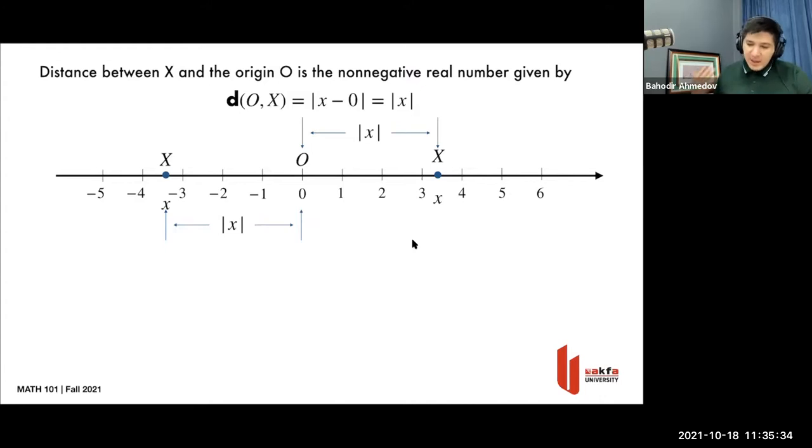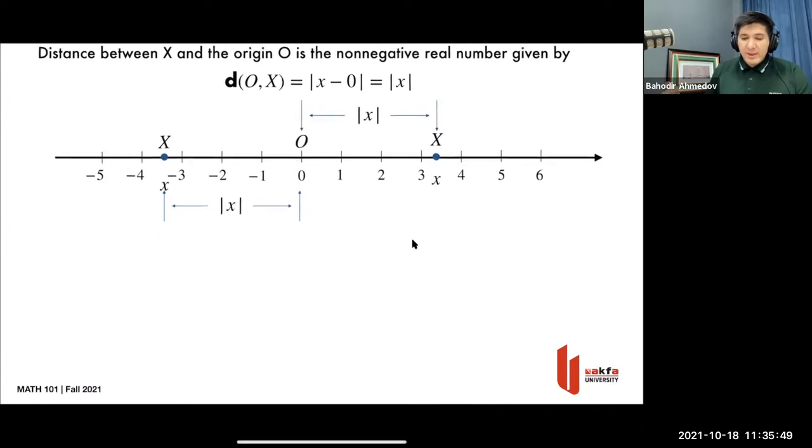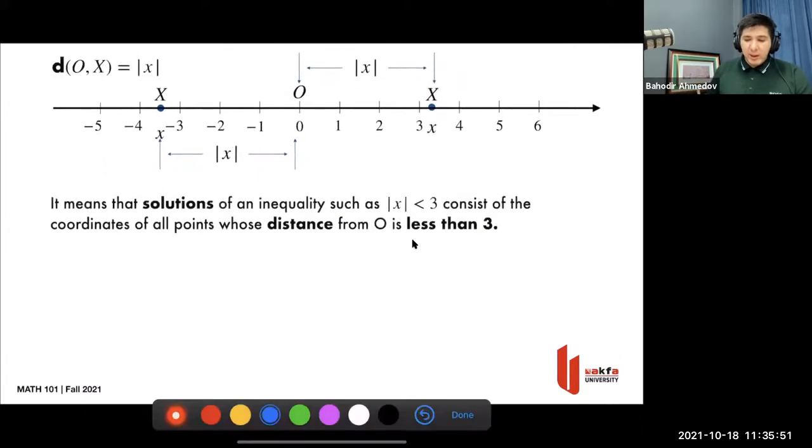So whenever we say the absolute value of x, it basically means the distance between x and the origin, but this x might be on the right-hand side or on the left-hand side of the origin, both.